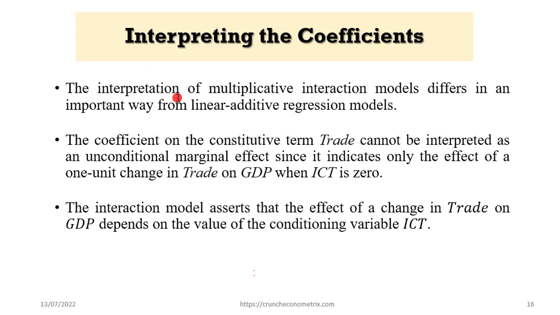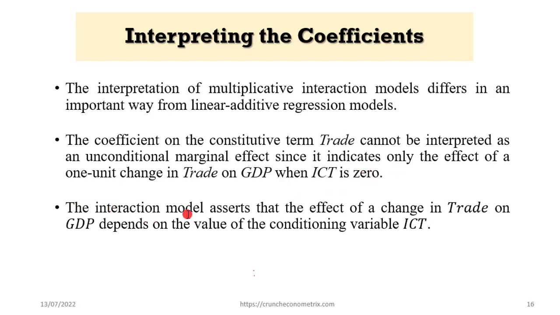The interpretation of multiplicative interaction models differs in an important way from linear additive regression models. This is because the coefficients of the constitutive term trade must not be interpreted as an unconditional marginal effect, since it indicates only the effects of a 1-unit change in trade on GDP when ICT is 0, talking about alpha 1.